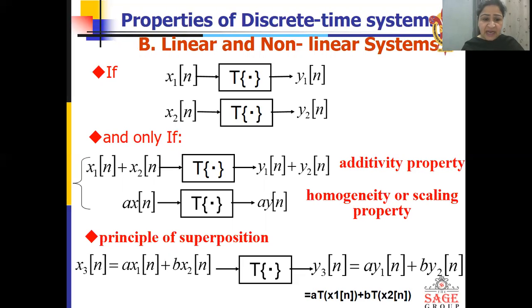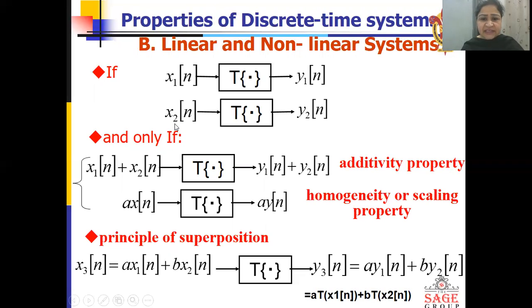The homogeneity property is that if I multiply an input with any scaling factor a, then I should get the output multiplied by the same scaling factor. That means if x[n] generates y[n], then a x[n] should generate a y[n]. So these are the two properties which combine to form the principle of superposition.